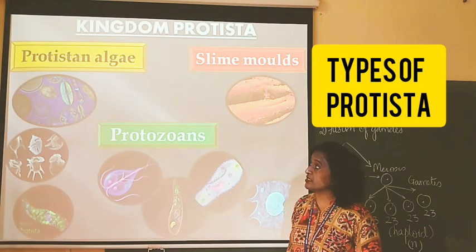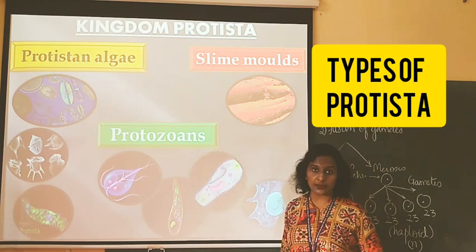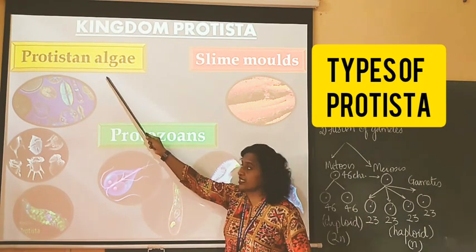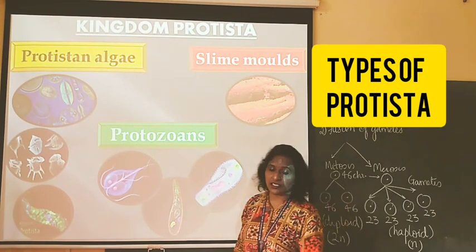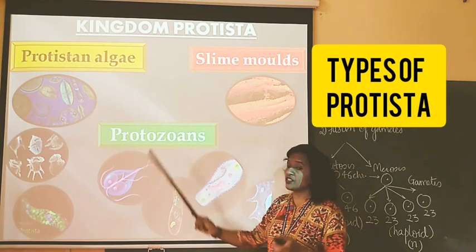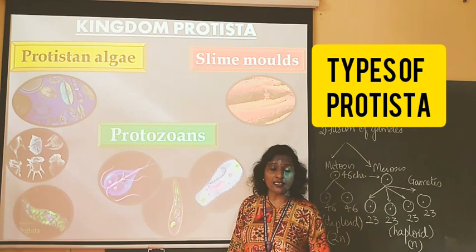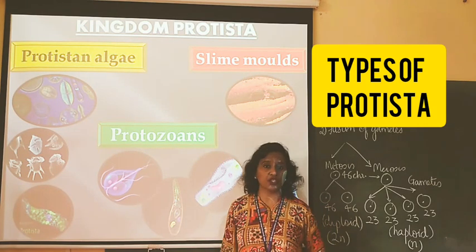The historians have divided these organisms into three different types. Protista algae are exactly similar to plants, so some biologists call these organisms plant-like, and for some biologists they are only Protista.